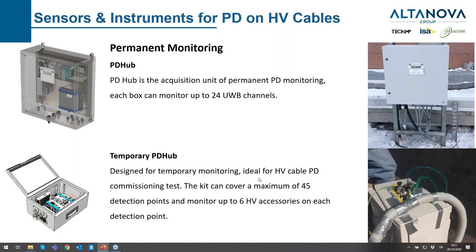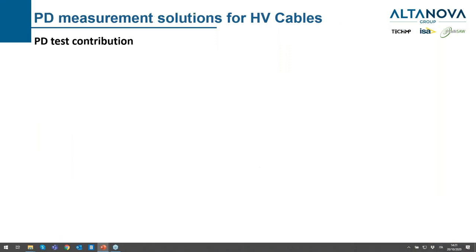So once we have the temporary PD hubs in place and connected via fiber optic, we can perform a huge test in a few hours without losing sensitivity, and actually have a very good set of data in a very short time.